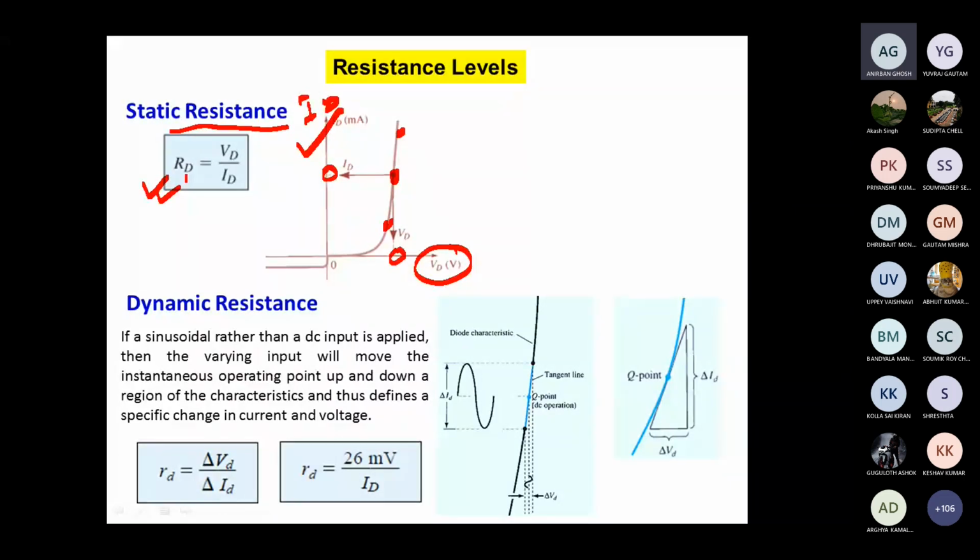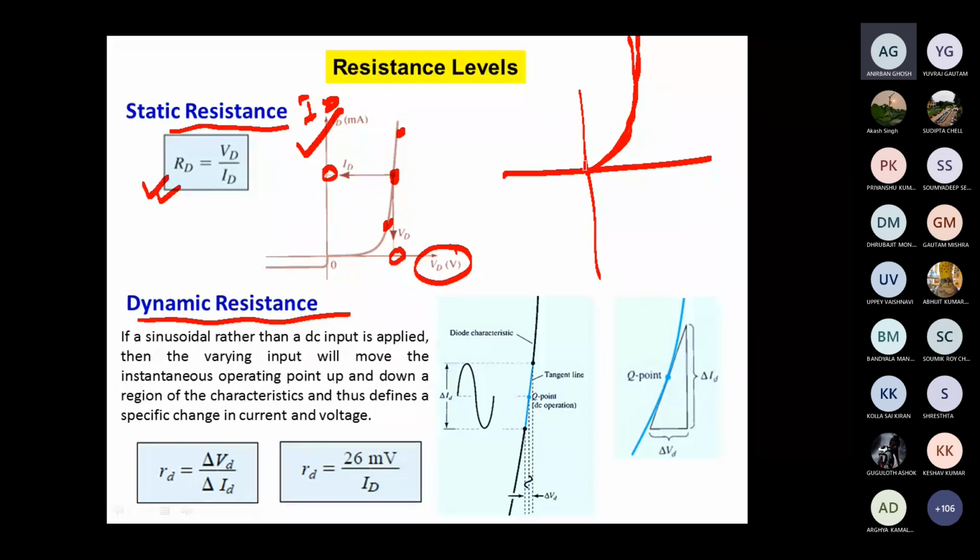But when you consider the dynamic resistance, what is the dynamic resistance? If I plot the IV characteristics, this is the ID versus VD, that is the DC level ID and VD.